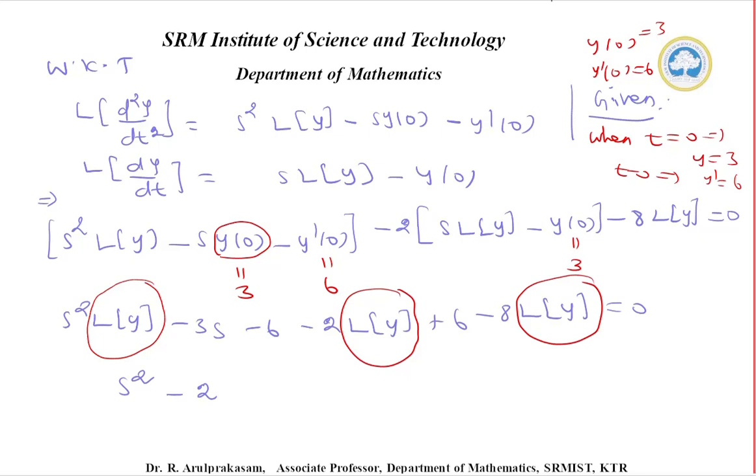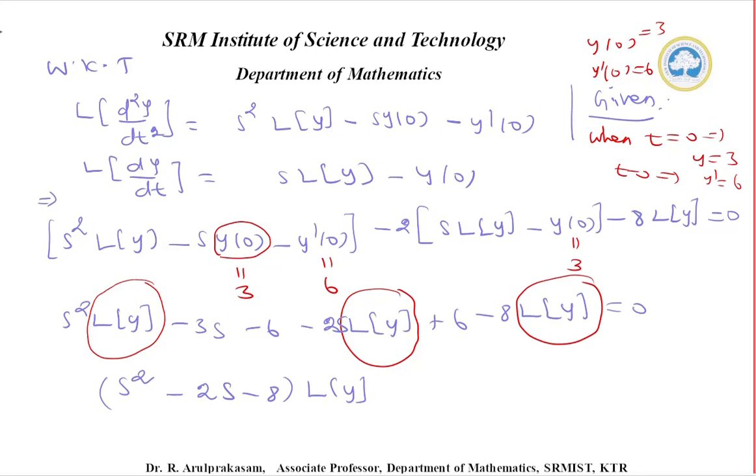Yes or no? Here I missed one thing: 2 times s into L of y. So minus 2 times s, right? Here minus 8. So I am taking s square minus 2s minus 8 times L of y.